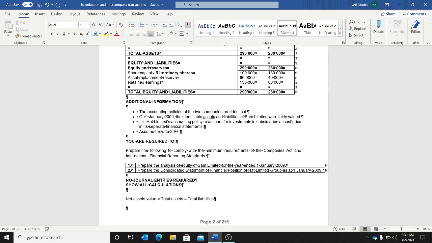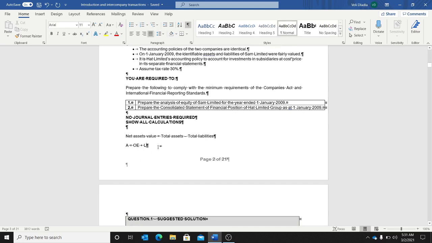That is what this company is acquiring, right? Now, the accounting equation says A, which is assets, equals OE, which is owner's equity, plus L, which is liabilities.